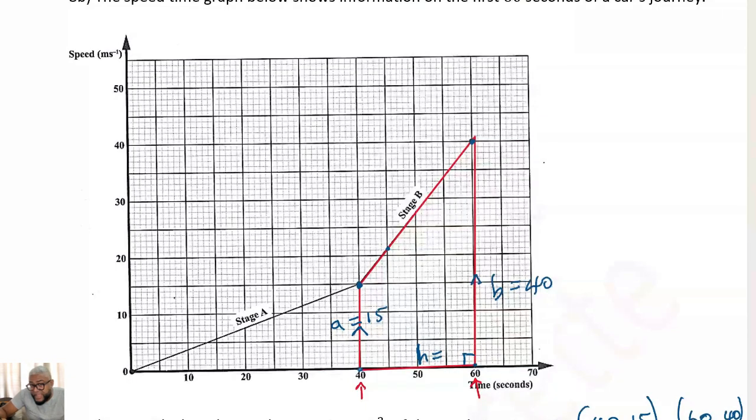So from here to here, 60. Watch it. We only focus on stage B. Caitlin, what's the distance from here to here? Oh, my bad. 20. Thank you. So we have everybody here, right?